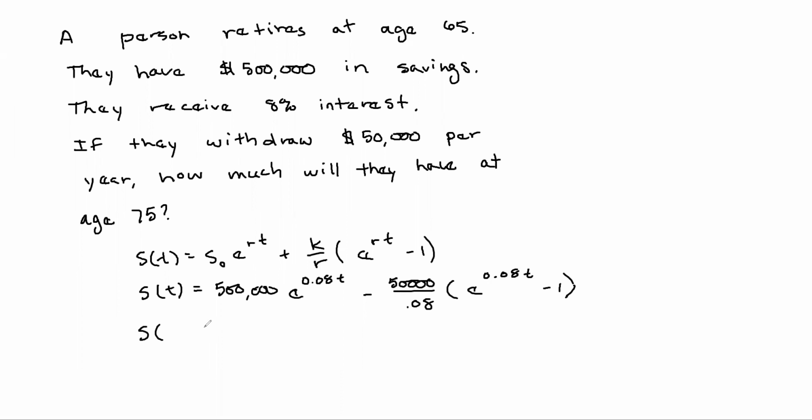Okay. And then we can go through and plug in 10 years. So after 10 years, they'll have 500,000 e to the 0.08 times 10 minus, and then we can figure this out.